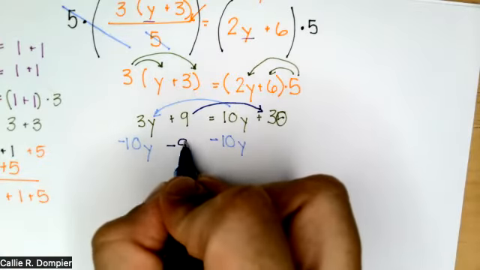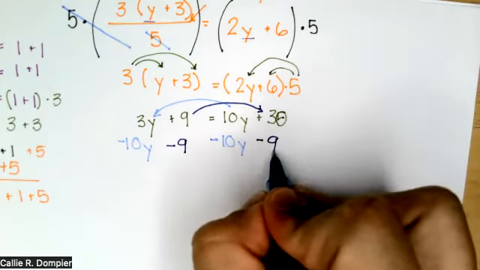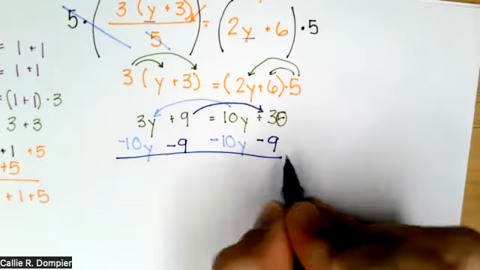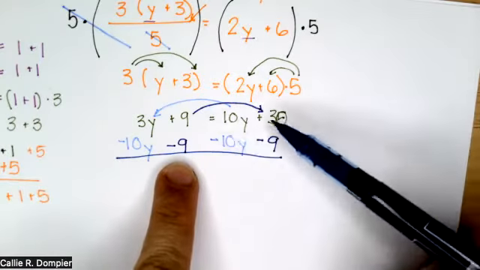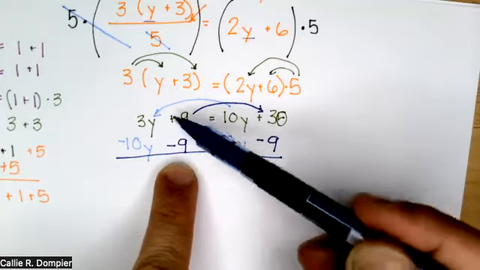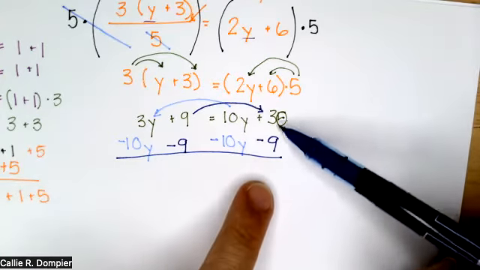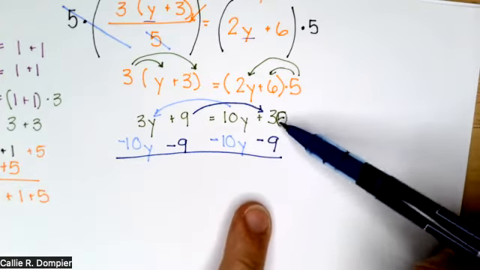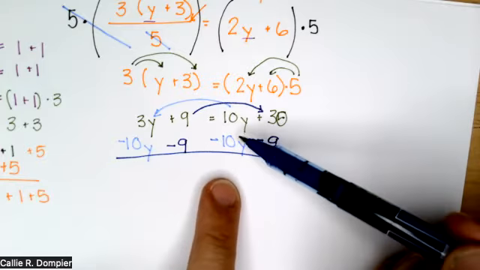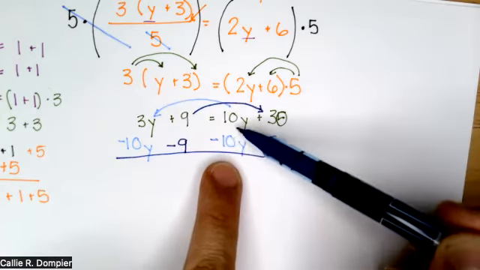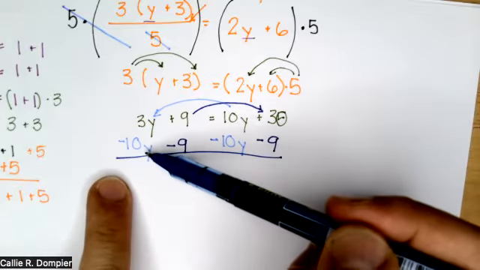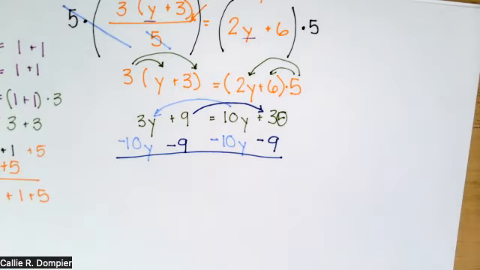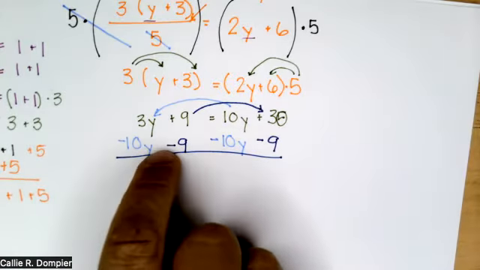I'm going to subtract 9. You don't have to do this all in one step. You can do it step by step. Okay, so I knew I needed to move my 9 over here. So I subtracted, I did the opposite of adding, and I did it right on top of the, I guess, the 30, because that's a like term. I knew my y's needed to be over there, so I subtracted 10 because that was a positive 10, and I put it under the 3y. Good. Use a calculator for this, okay?